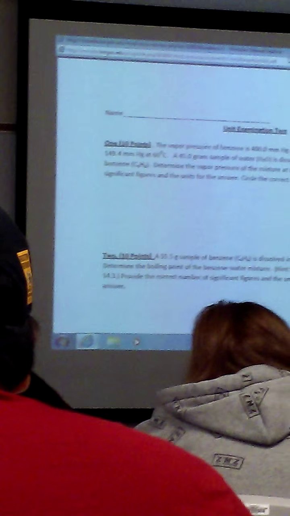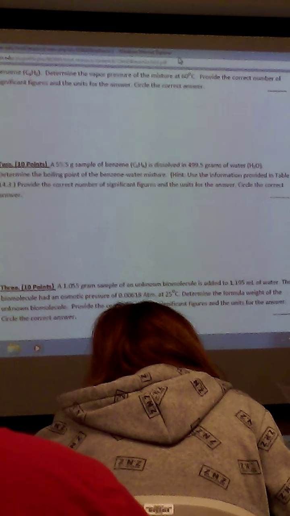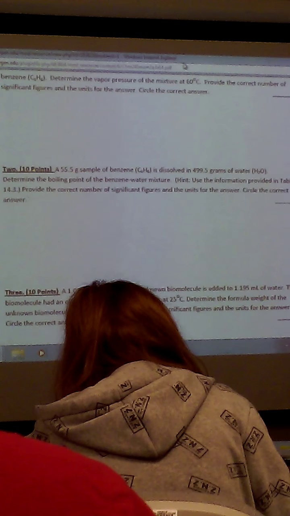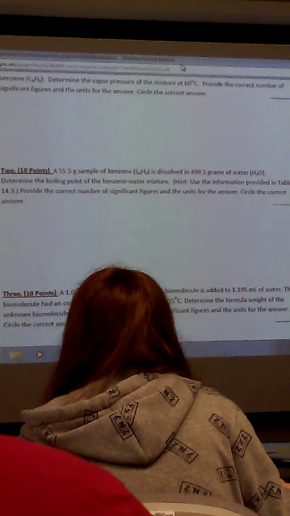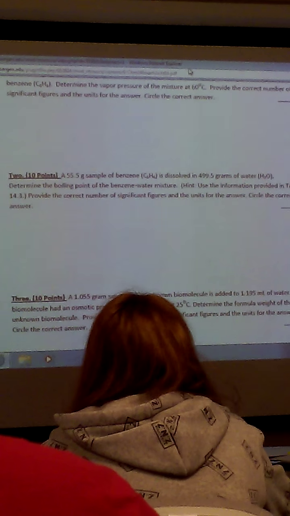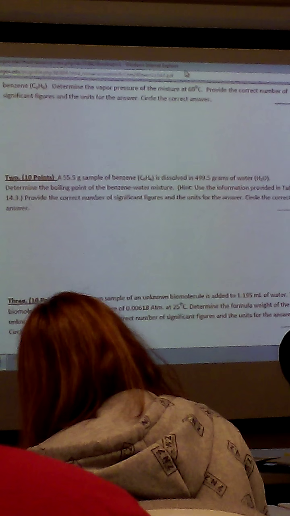Let's look at problem 2. Look at this. I didn't tell you what the solvent and the solute is yet again. 55.5 grams of benzene, 49.95 grams of water. Determine the boiling point of the water-benzene mixture.